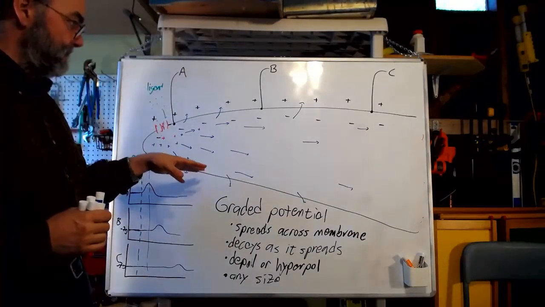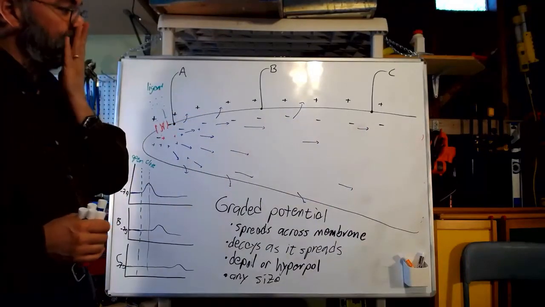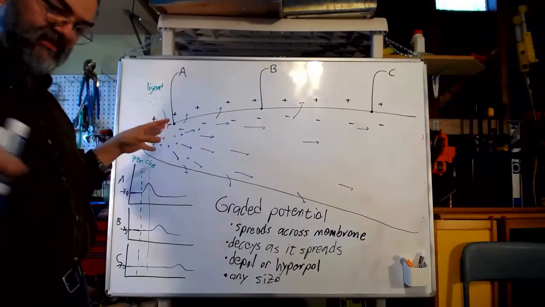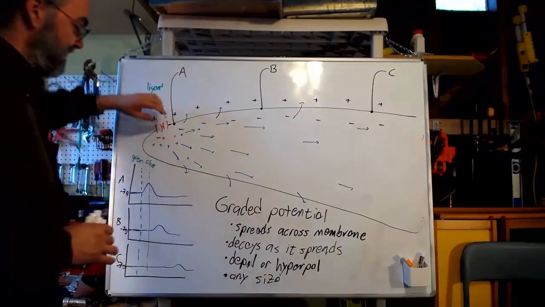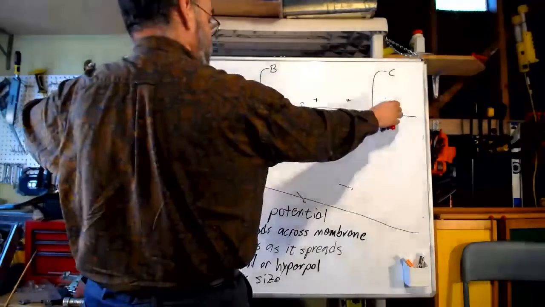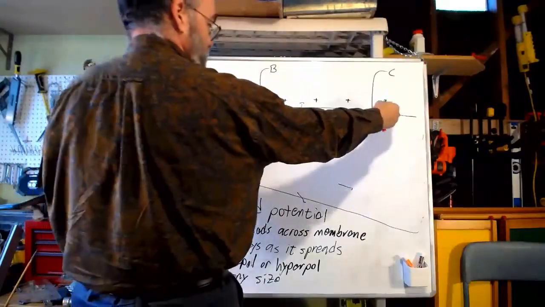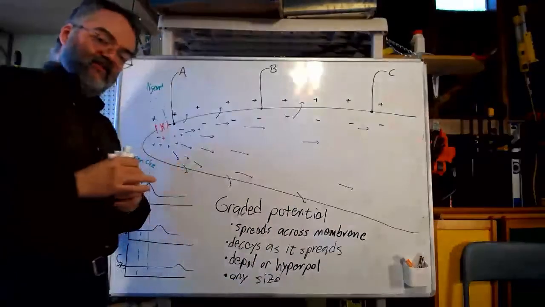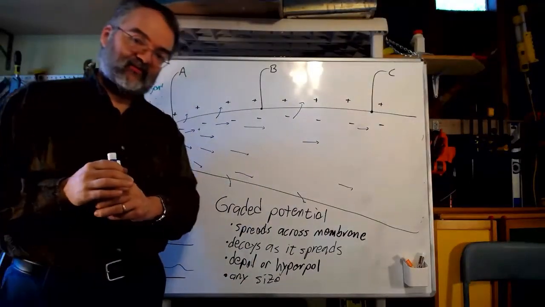Now, what else can we say about this? Well, just imagine, I had at the same moment open channels here and here. The change from both would spread out, and when they got to B, the two changes would add together.